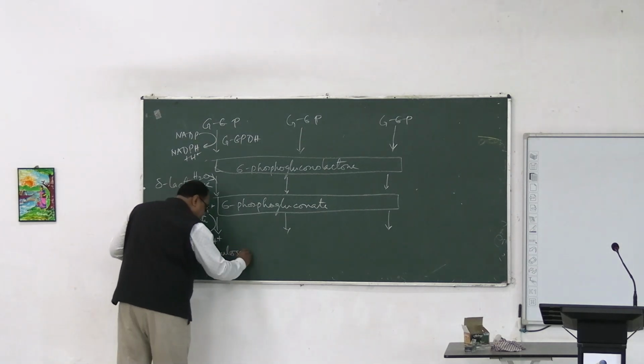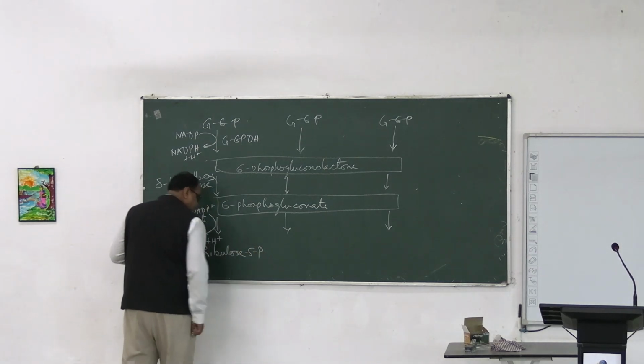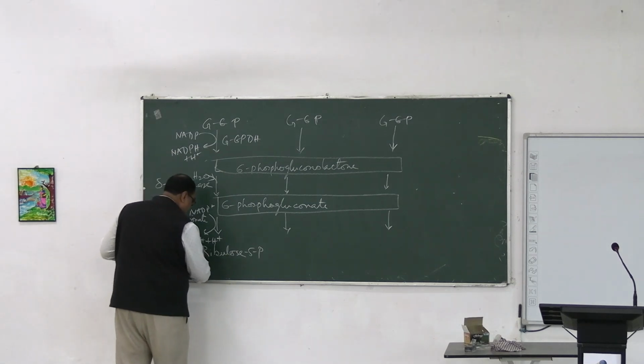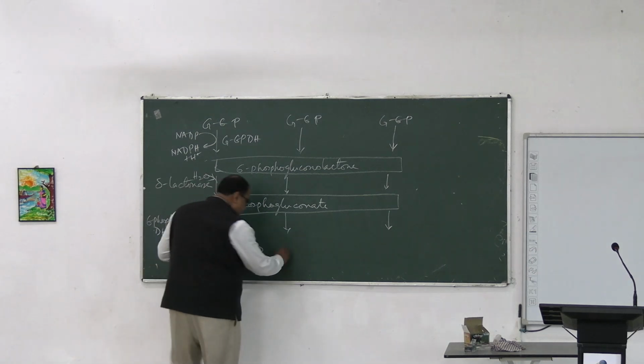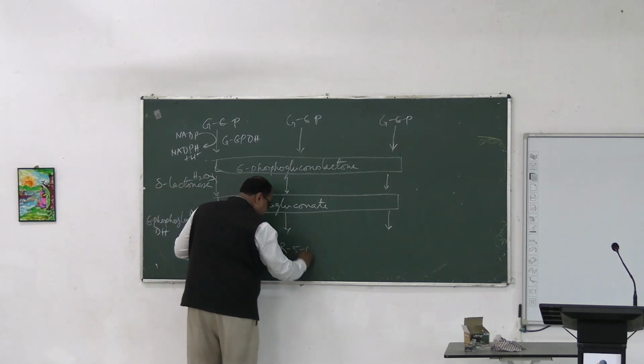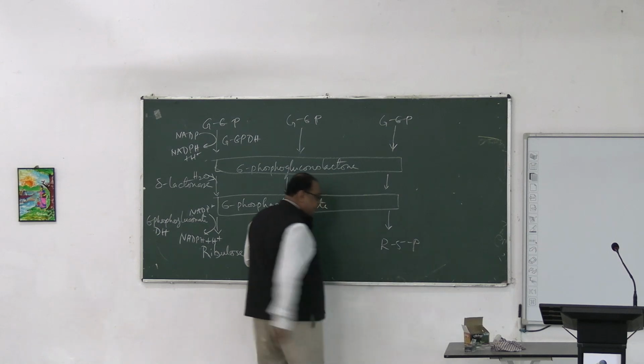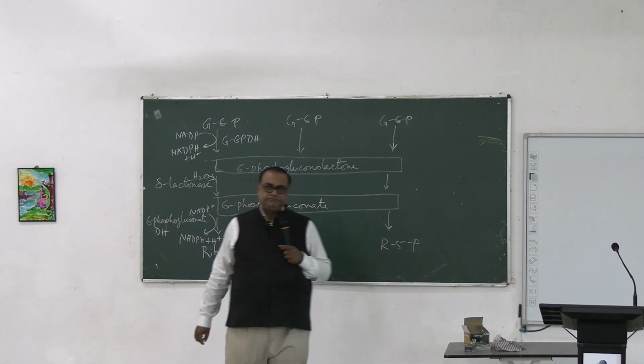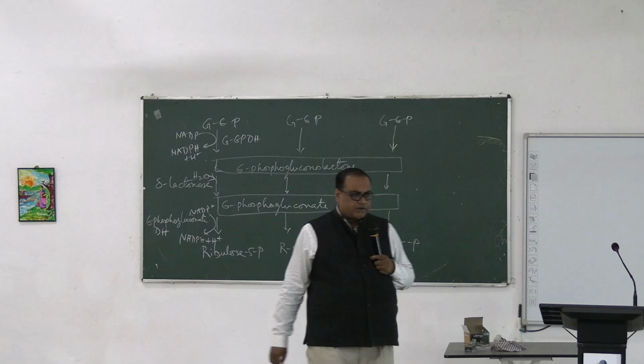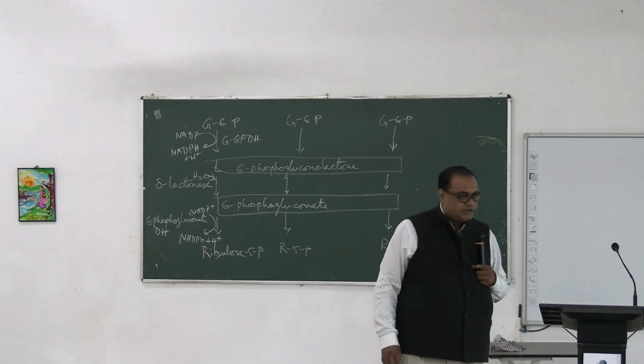Write very clearly, or you can write like here also. Ribulose 5-phosphate, you write like this, okay? Here you have to write 3 times. From here you have to write 3 times.